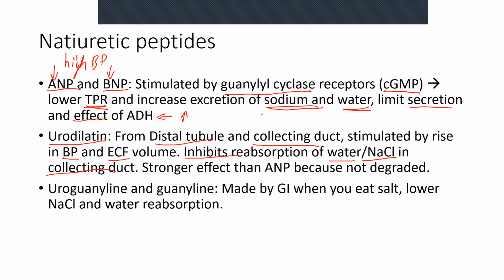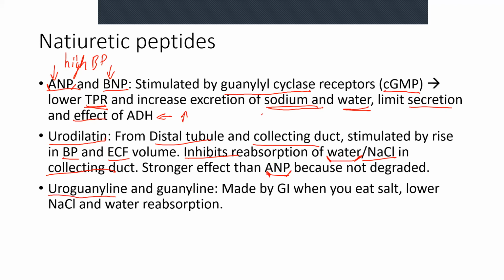Now, you might remember from before that ADH only controls water. This one has a stronger effect than ANP, and the reason for that is that ANP is degraded inside the kidneys, whereas urodilatin is not.